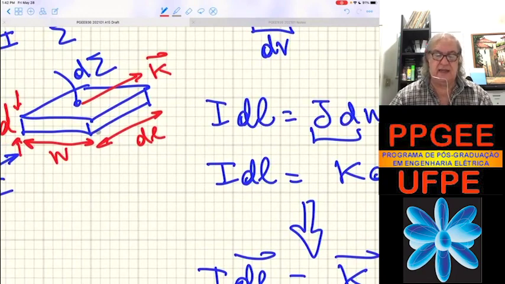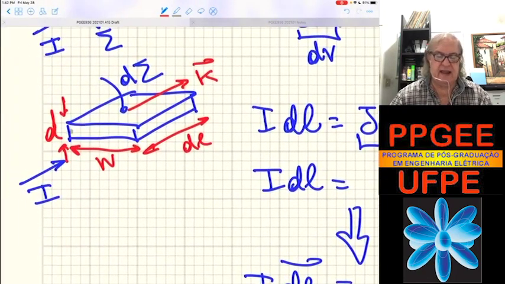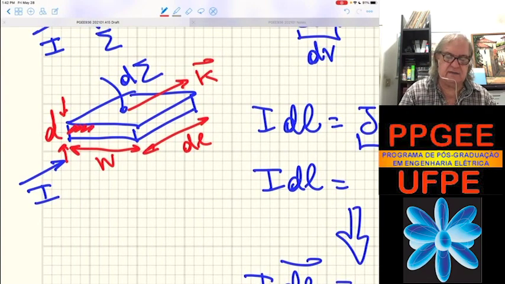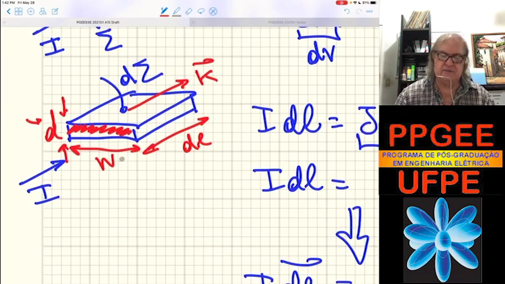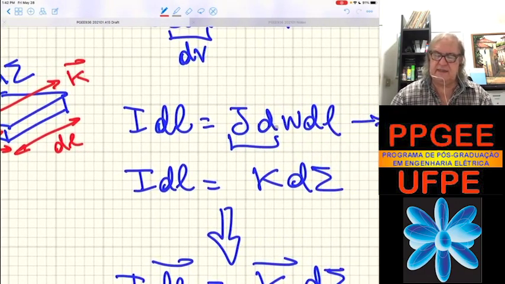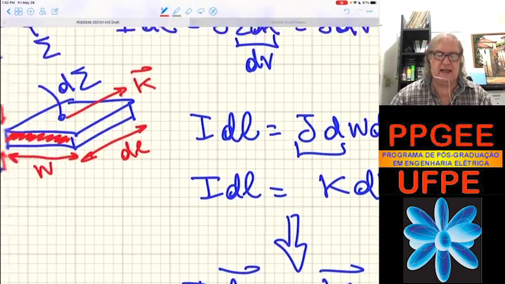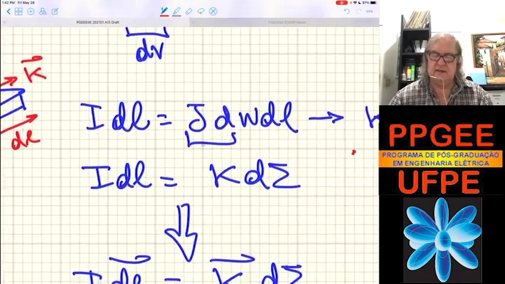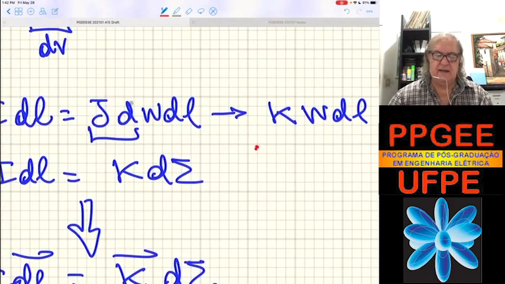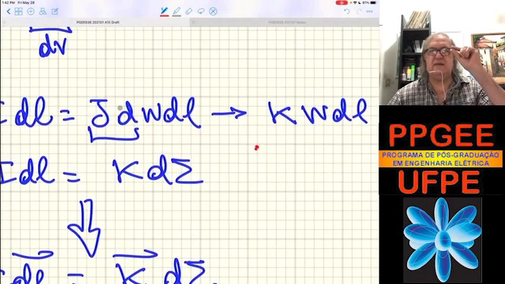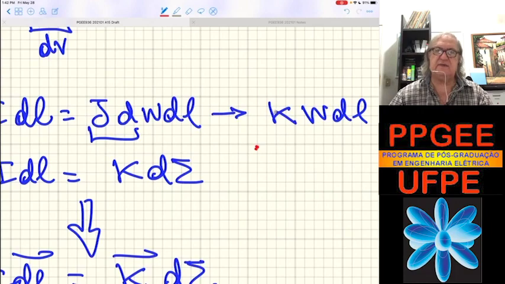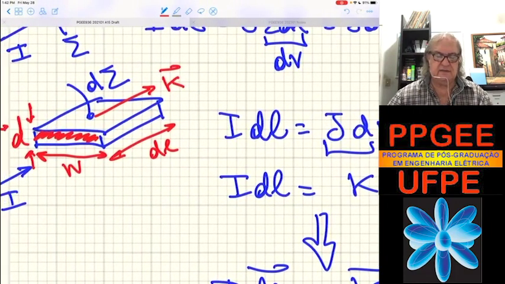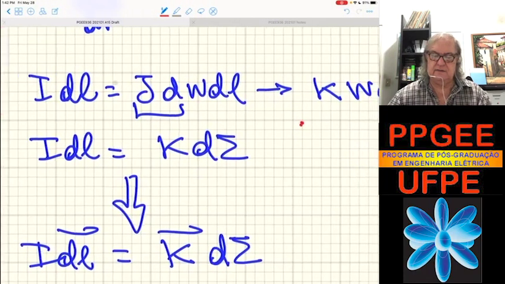IDL equals J times the area here, which is D times W. So J times D W is the current, dl is the length. JD, in the limit that D goes to 0, becomes the surface current density, and W dl is the surface area, right?